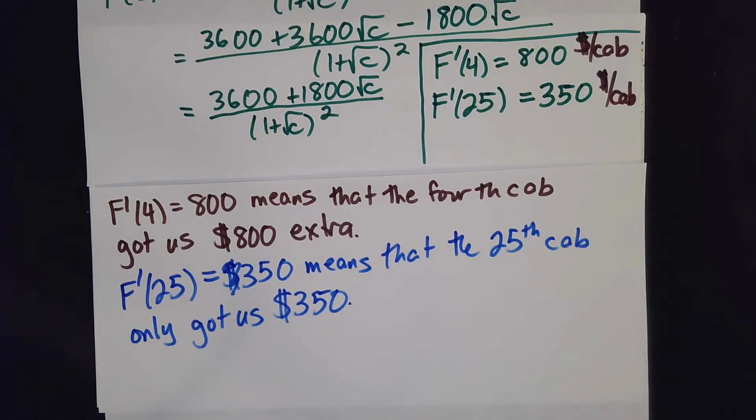And so our conclusion here is that we need to carefully control the number of cabs that we use, because if we let the number of cabs get out of hand, then the total amount of money we're going to be making off of them is going to end up being much less than the amount of money we're spending to run them.